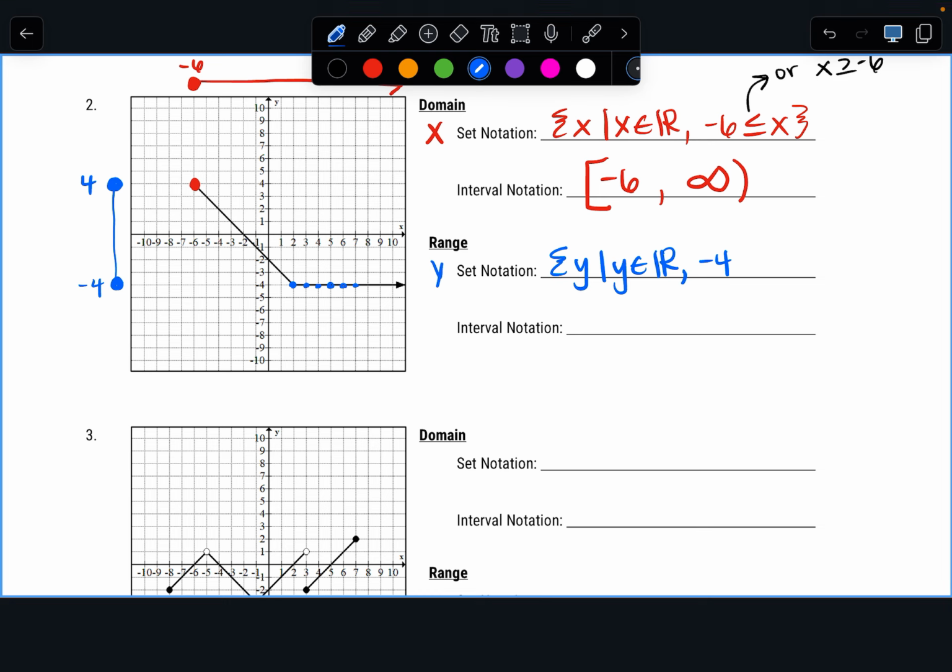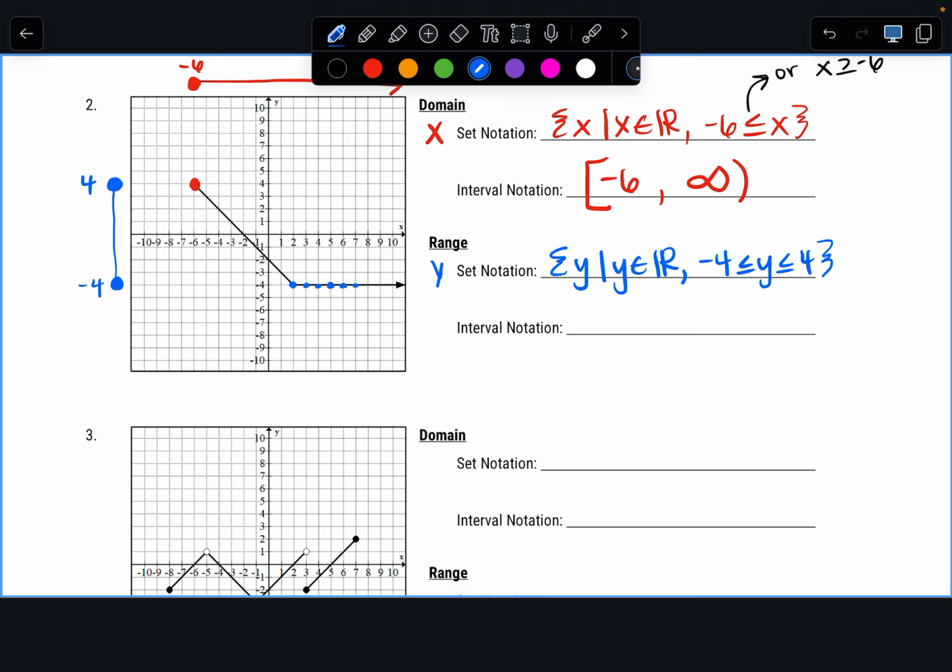Anytime you're going in between two values, the variable is always in the middle. So -4 less than or equal to y less than or equal to +4. Ooh, that's a bad one. I will not judge you for your curly brackets if you do not judge me for my curly brackets.